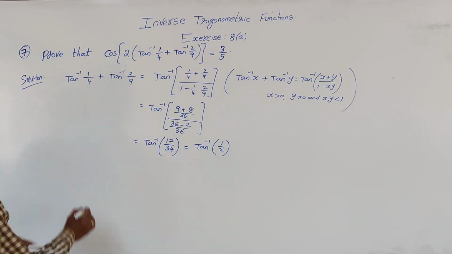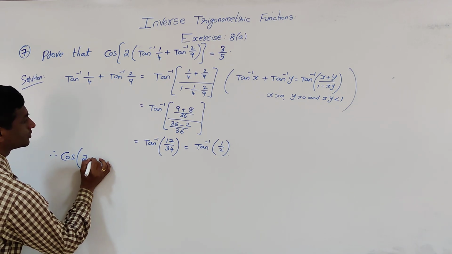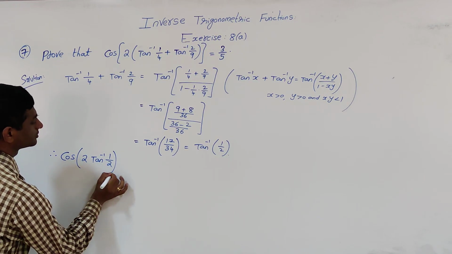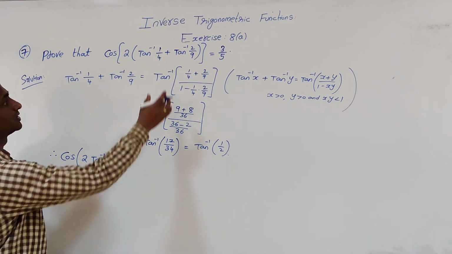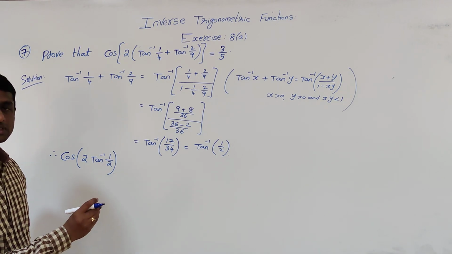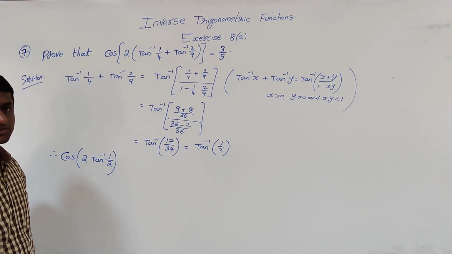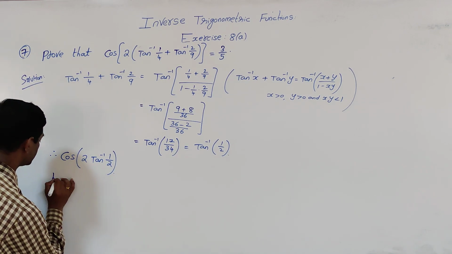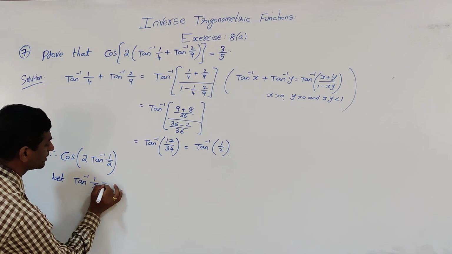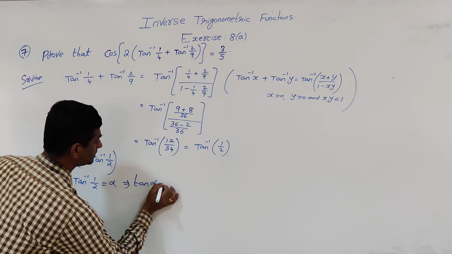So this reduces to cos of 2 tan inverse of 1/2. It means the sum of two inverse trigonometric values is reduced to a single inverse trigonometric function, that is tan inverse of 1/2. Now let tan inverse of 1/2 be alpha, which implies tan alpha is equal to 1/2.